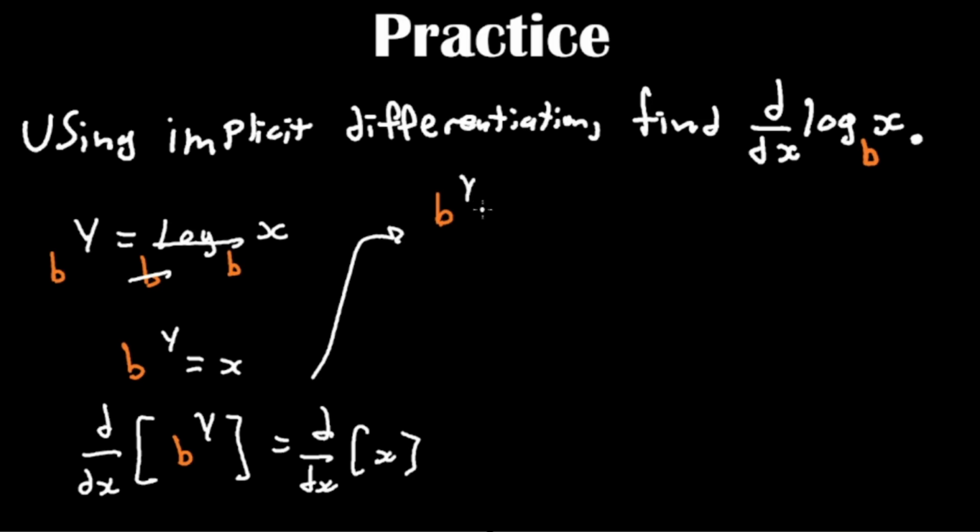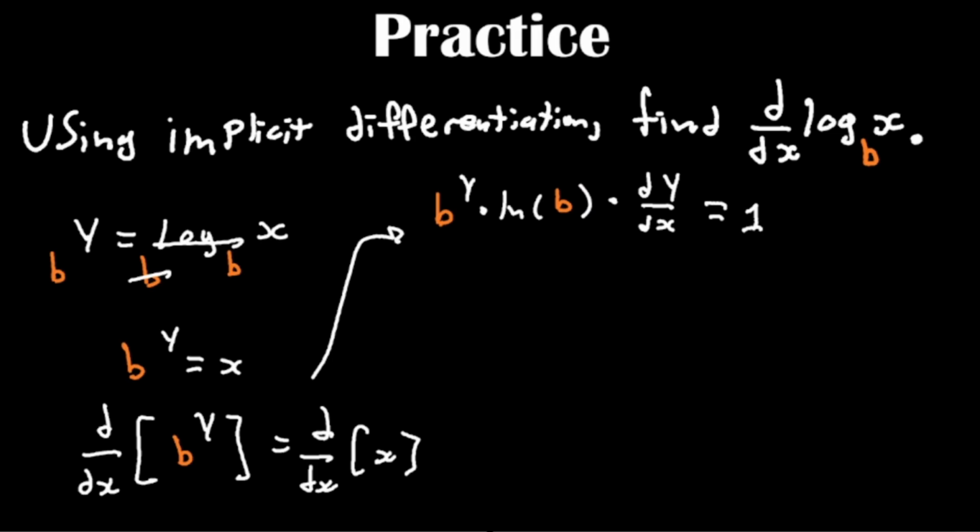So b to the y times natural log of b. But then the chain rule also says that we need to multiply by the derivative of y. Okay, and that's equal to the derivative of x, which is just 1.